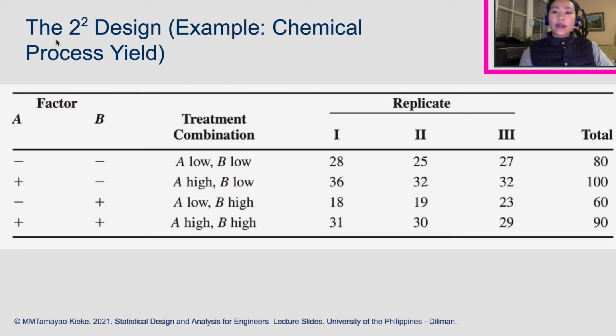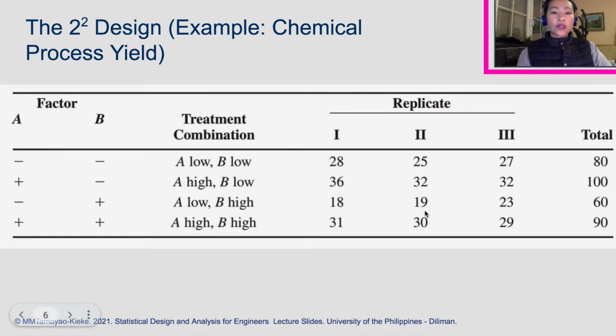Okay, so let's take the previous example on chemical process yield, which is a 2 to the 2 design, and let's see how the approach for this 2 to the 2 design would change with blocking.